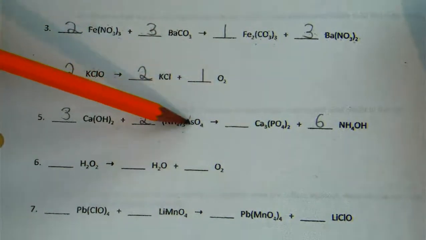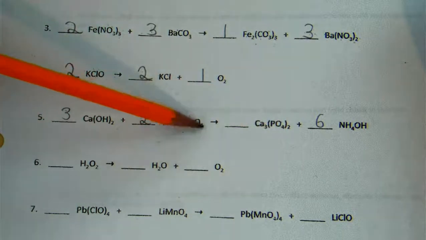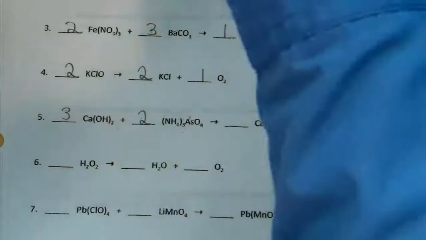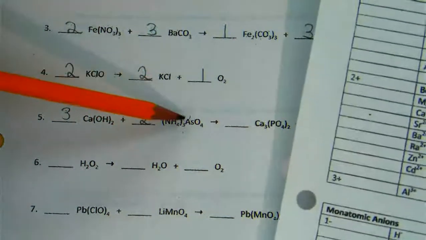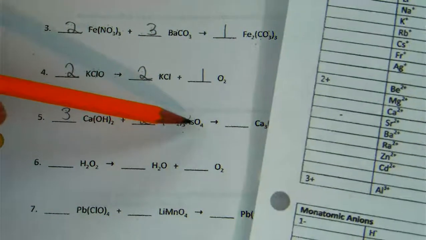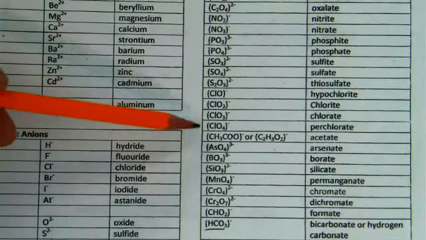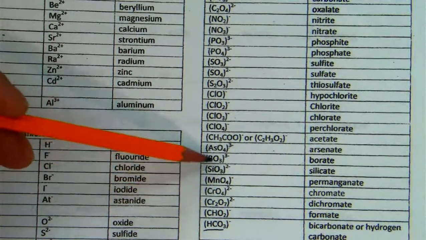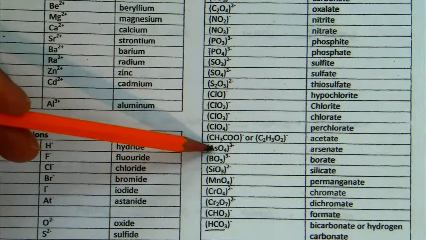So either the arsenate was supposed to be a phosphate or the phosphate was supposed to be an arsenate. Let's do this one here.